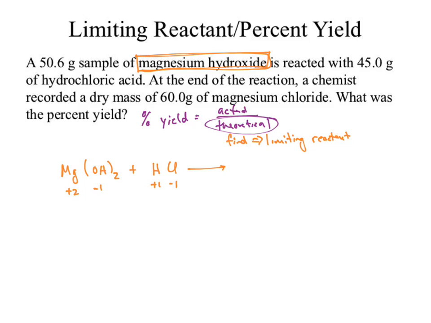I have to know that when that goes through to react, what happens? I get H2O or HOH, and then magnesium chloride. Magnesium being a +2, chloride a -1. I have to know that that is a 2. I also have to know that I'm going to need 2 equivalents of HCl to produce 2 waters.